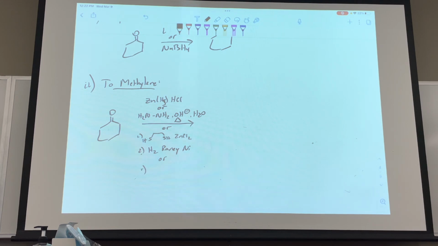Or through tosylation. And all of those give you that. If you use an aldehyde, it just gives you a CH3. Mm-hmm. Yeah, exactly.